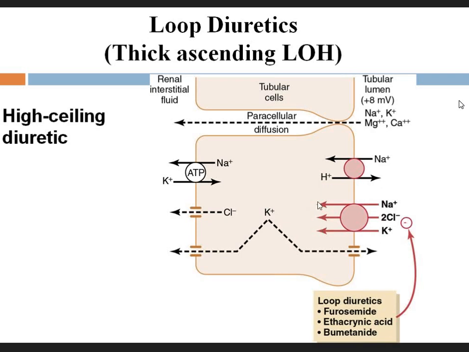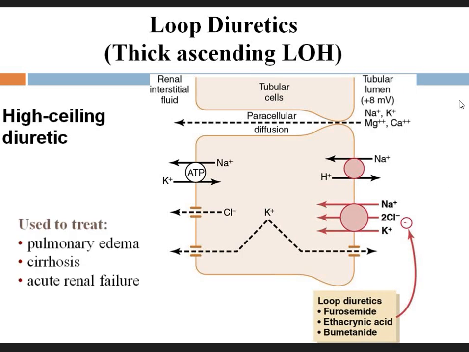These loop diuretics act at the loop of Henle, blocking a very important channel present in the thick ascending segment, and thus prevent the reabsorption of these ions, increasing the osmolarity of the tubular fluid, causing the water to be retained there and then eliminated from the body. These loop diuretics are used for various diseases. It's not necessary to remember, I've just mentioned it.